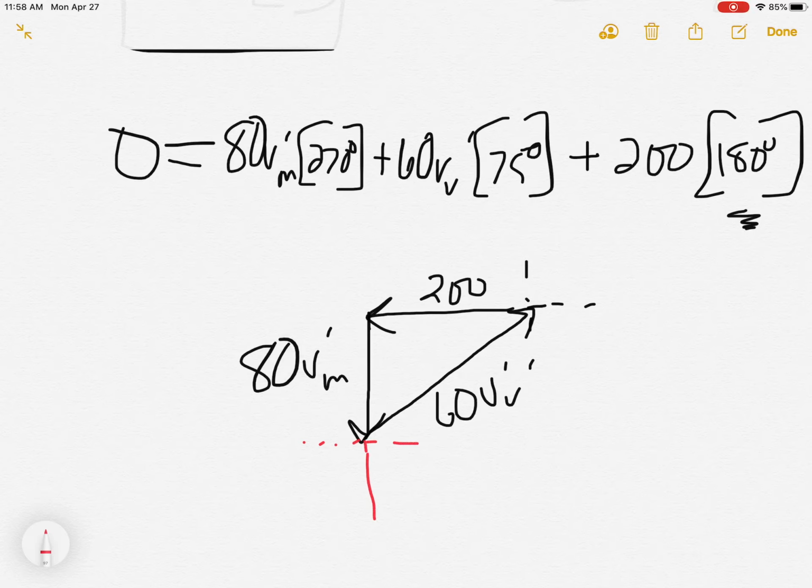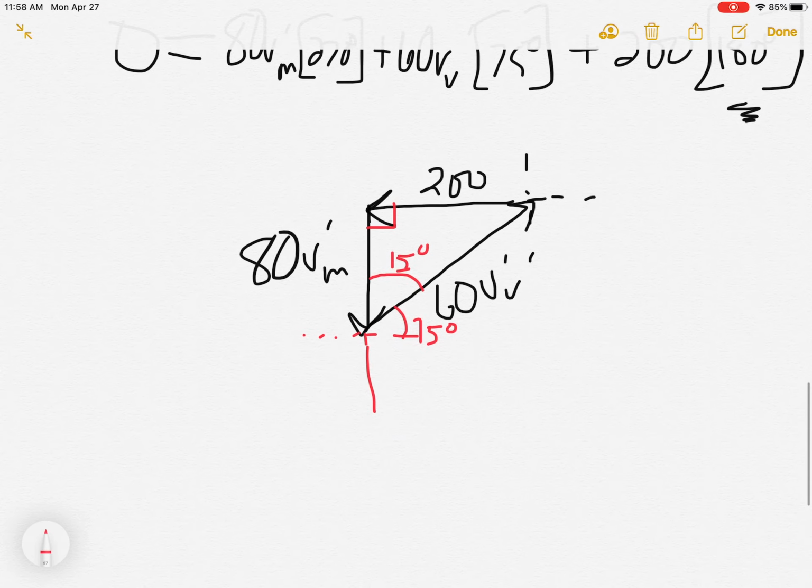Now, do I have any angles? If I play with some angles, by looking at these, I know that the angle down here is going to be available to me because we said that he was moving at 75 degrees right there, which means this internal angle is 15 degrees. So guess what? I have a right triangle because 180 and due south makes a right triangle.